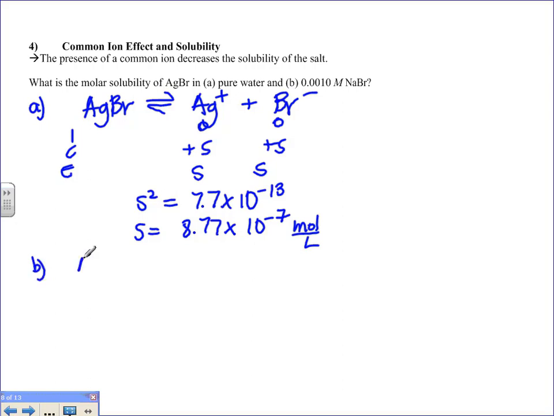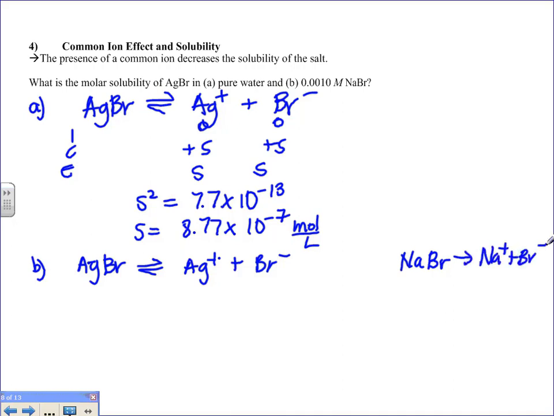In our second example, we want to study the solubility of AgBr in a solution of 0.001 NaBr. As you know from the solubility rules, NaBr is soluble, so it dissociates completely. So essentially what we're putting into the solution is 0.001 of Na ions and 0.001 of Br ions.